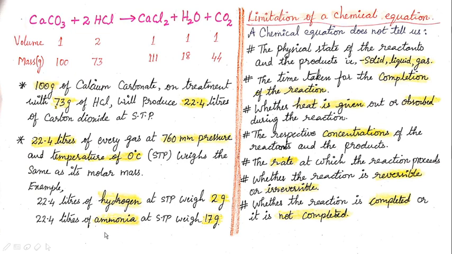Ammonia, NH3. So nitrogen mass plus hydrogen. Nitrogen is 14, hydrogen is 3, since 3 hydrogens are there. 14 plus 3, 17. So 1 molecule of ammonia gives 17 grams, which is equal to 1 volume. So 1 volume means, as I already told, 22.4 liters.